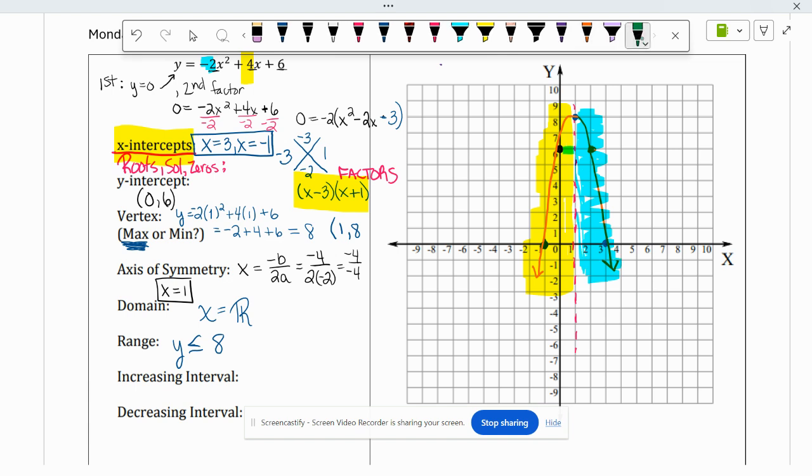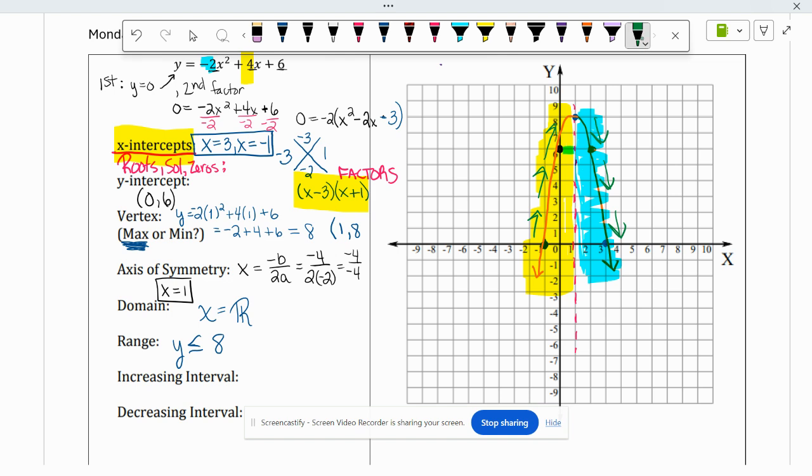So when I look at the yellow side of my graph, is y getting bigger or is it getting smaller? It's increasing. When I look at the blue side of my graph and I go from one point to the next point, is y getting bigger or smaller? It's decreasing. So what interval does it increase?